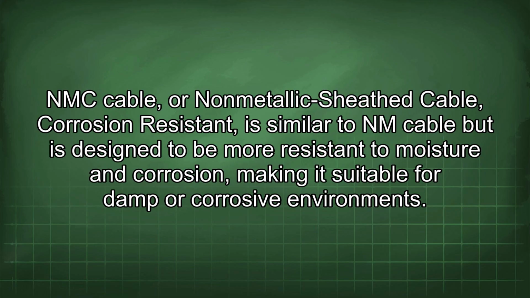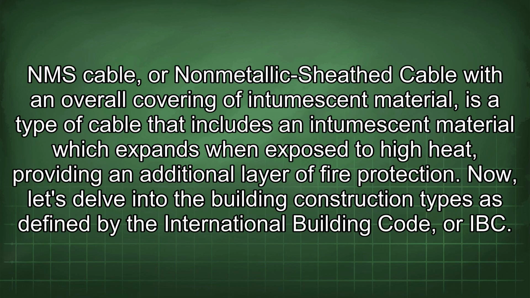NMC cable, or non-metallic sheath cable, corrosion resistant, is similar to NM cable but is designed to be more resistant to moisture and corrosion, making it suitable for damp or corrosive environments. NMS cable, or non-metallic sheath cable with an overall covering of intumescent material, includes an intumescent material which expands when exposed to high heat, providing an additional layer of fire protection.